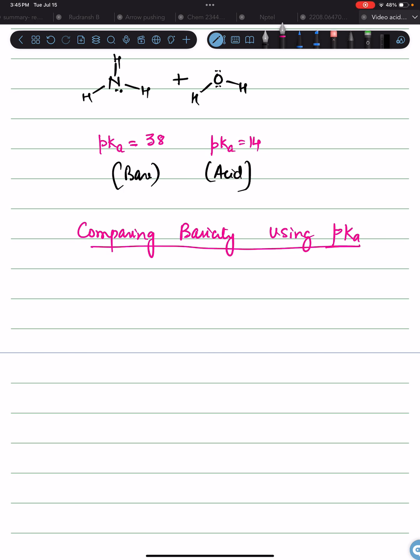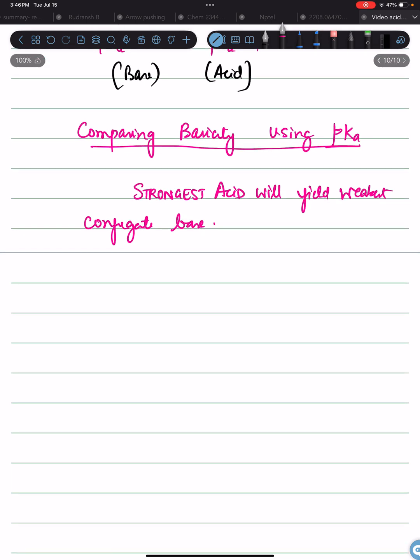So of the two, the strongest acid will yield the weakest conjugate base. Or the weakest acid will have the strongest conjugate base. So there's an inverse relation between the two.